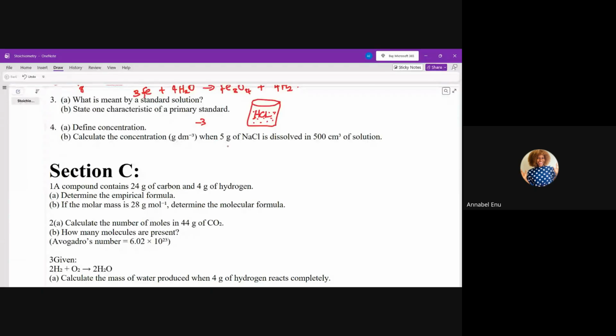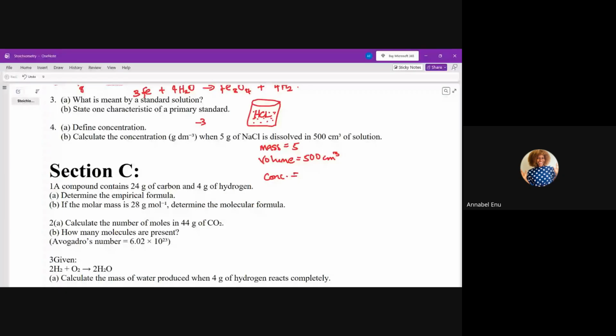When we see 5 gram, we know they've given us the mass. So our mass is 5, dissolved in 500 centimeters cube. Centimeters cube there is telling us they've given us the volume. So our volume is 500 centimeters cube. But the question is asking us for concentration.